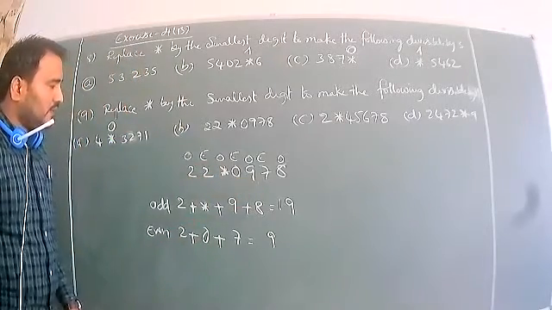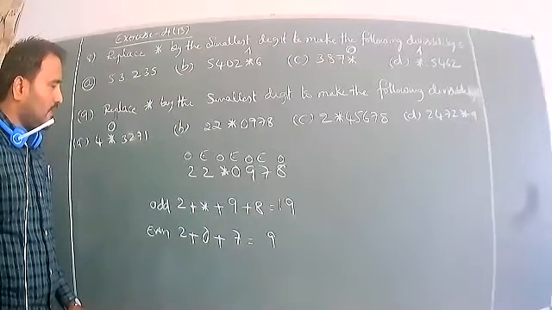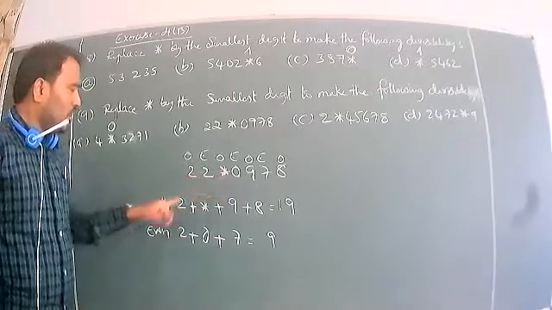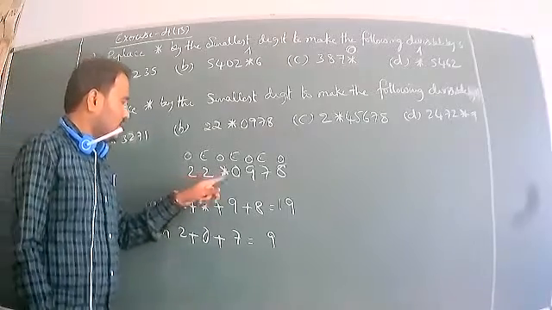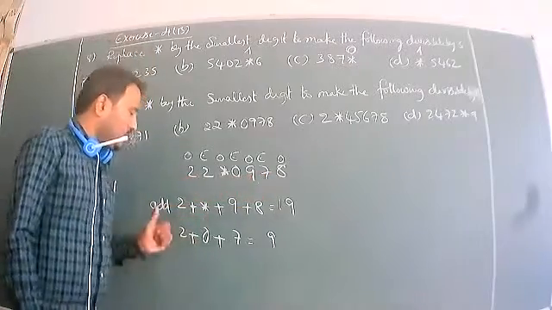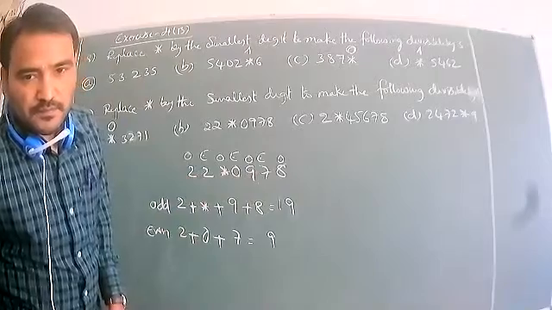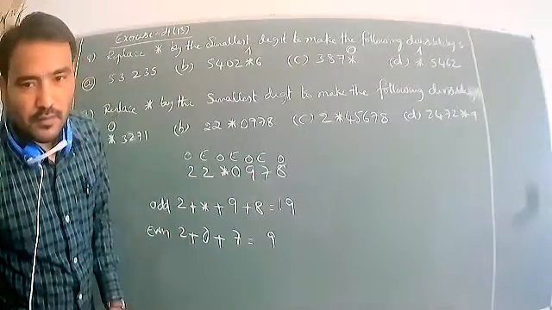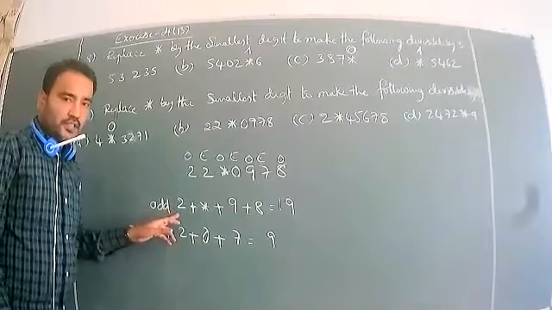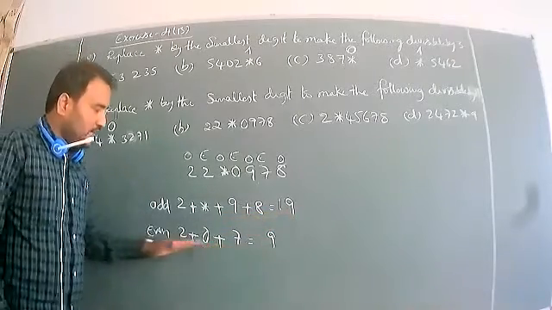We have added it. Okay, wait 2 minutes, just wait. Okay students, look at that, we cannot change anything. So here 19, here 9. Okay, even digits are correct.